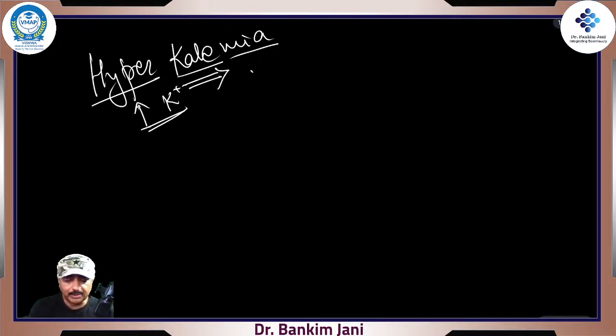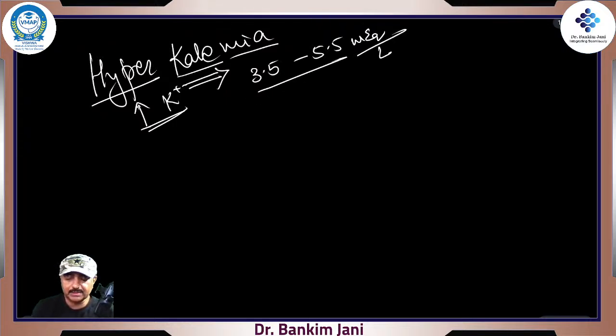Now, normal potassium level is 3.5 to 5.5 milliequivalents per liter. This is the normal level. You need to remember this, because whenever you watch a lab report, this is the first thing you have to check.